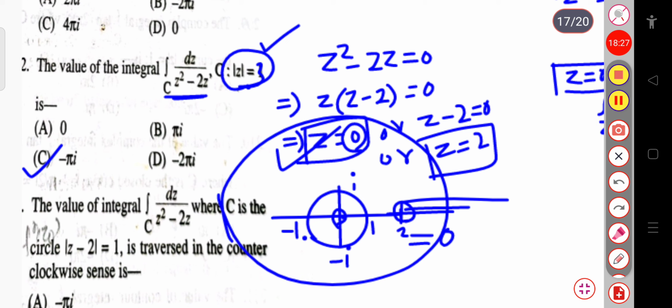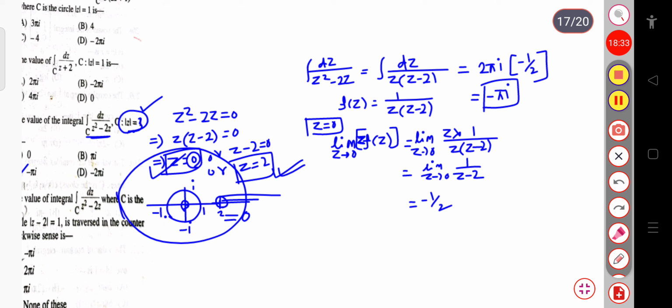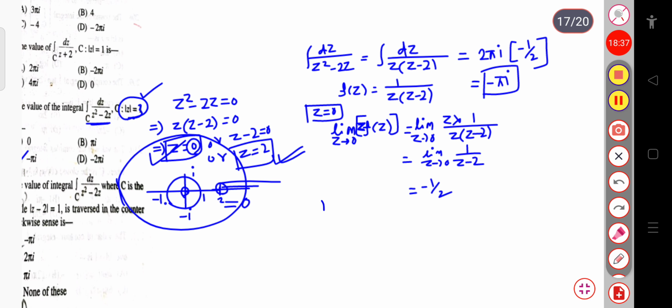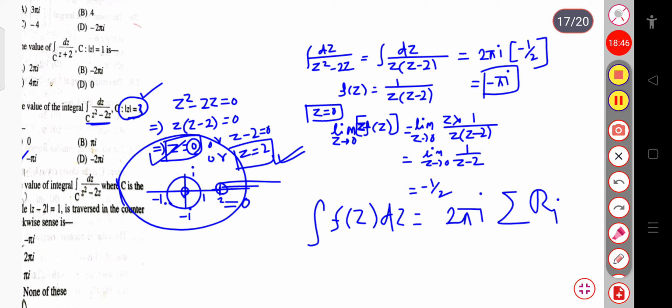Then you have to calculate the residue of the function for z equal to 2. The residue theorem says the integral of f of z dz is equal to 2 pi i times the sum of the residues, that is r1 plus r2, so you just simply add the total residue.